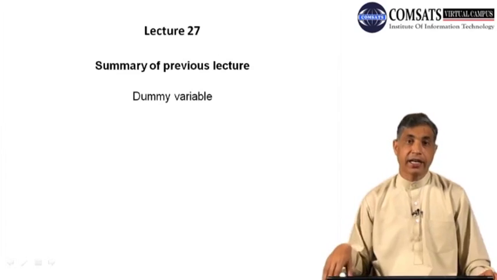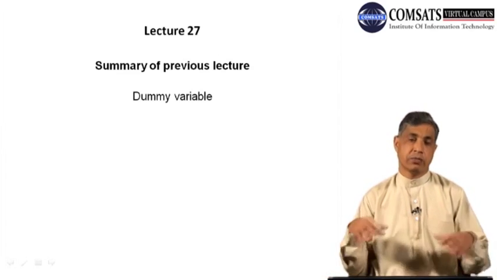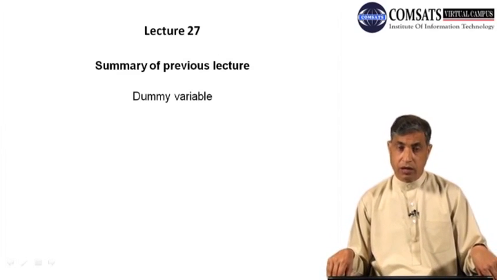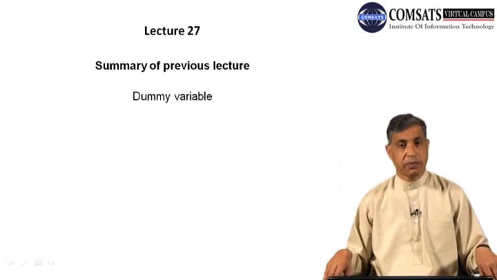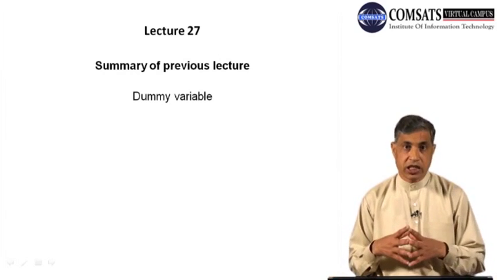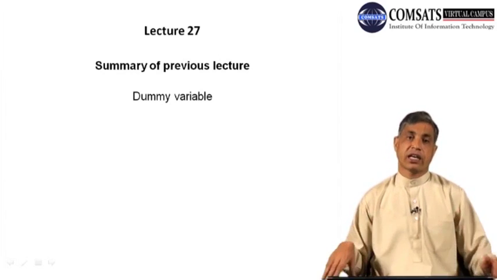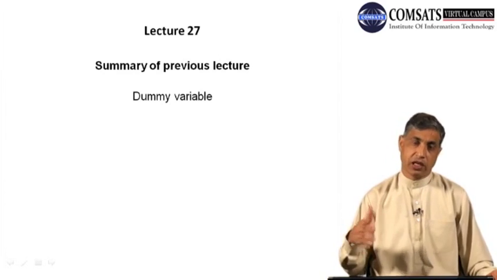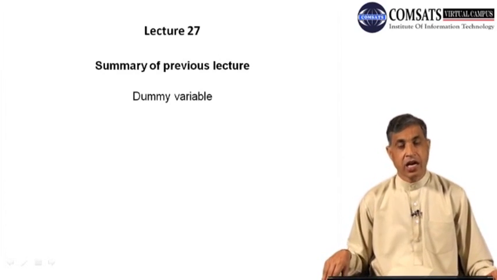The omitted category automatically becomes the benchmark category. The immediate question is which should be the benchmark, or you can say the base category. It is up to the researcher whichever category he selects as a base category.